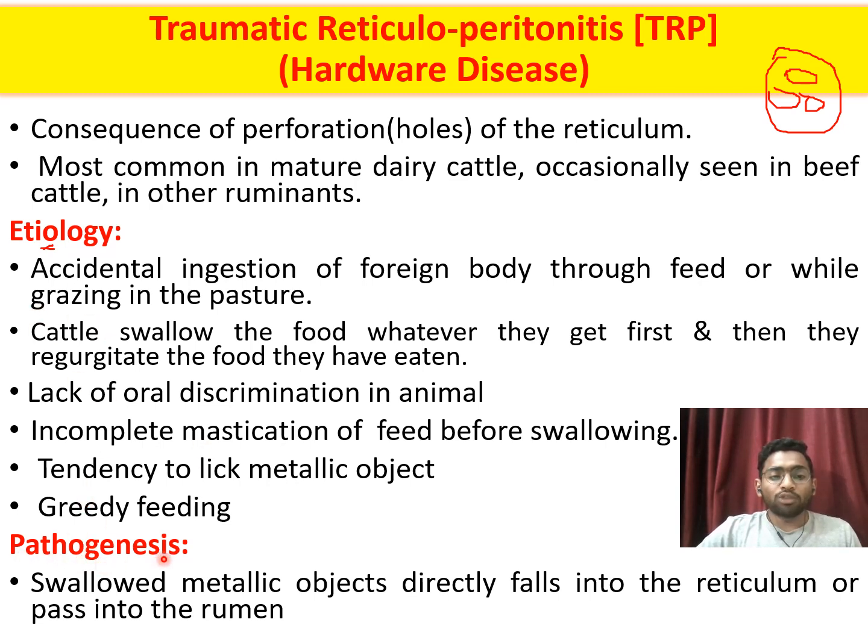So what is the pathogenesis, meaning what causes this TRP? The cattle swallow metallic objects which may fall into the rumen, or may directly fall into the reticulum. There may be a chance.